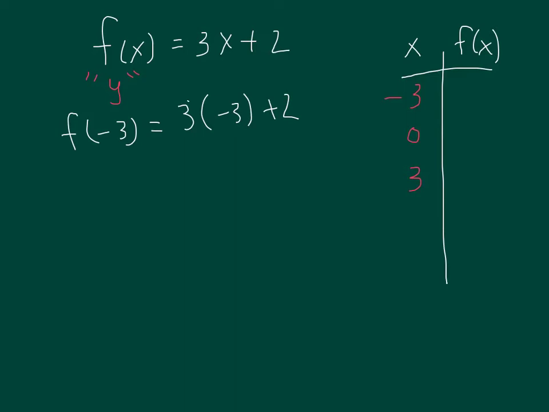So f of -3 is equal to -7, or in Algebra 1 terms, y is equal to -7. But we really want to avoid writing it like this. We want to stay with this version, the adult version, or Algebra 2. That's what I call adult.